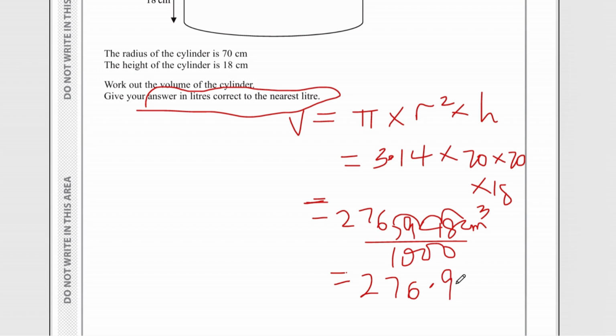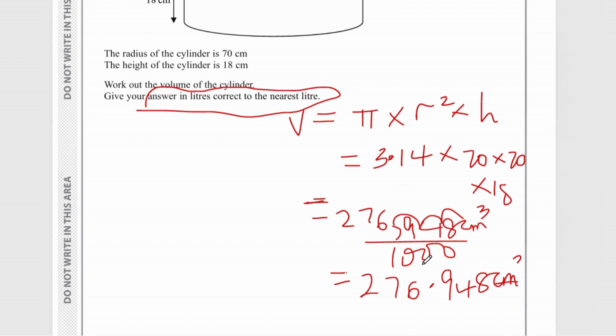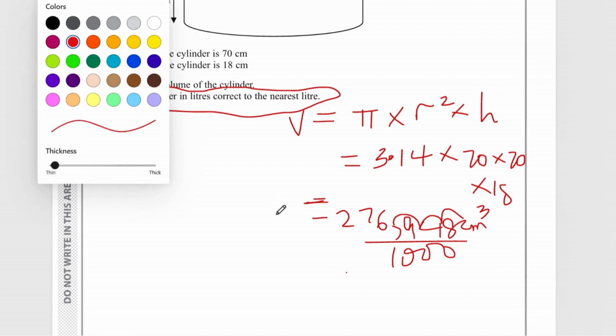276.948. Approximately to the nearest liter, that's to the nearest whole number, 277 liters. That gives you 277 liters.